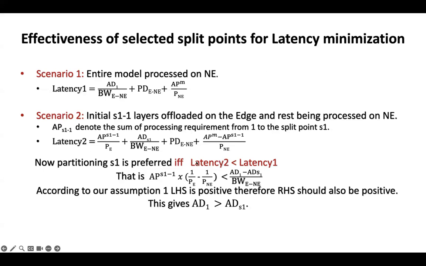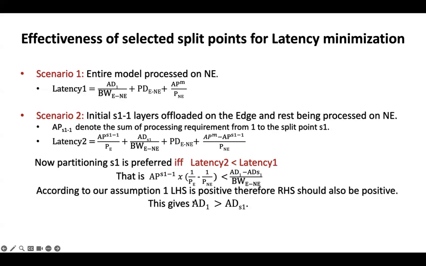So, following this inequality, when we put in these terms of latency 1 and latency 2, we get the following inequality, in which we can see that this first term is positive because of our first assumption, where the processing at edge is less than the processing at near edge. And so the right hand side should also be positive in order for this inequality to hold.